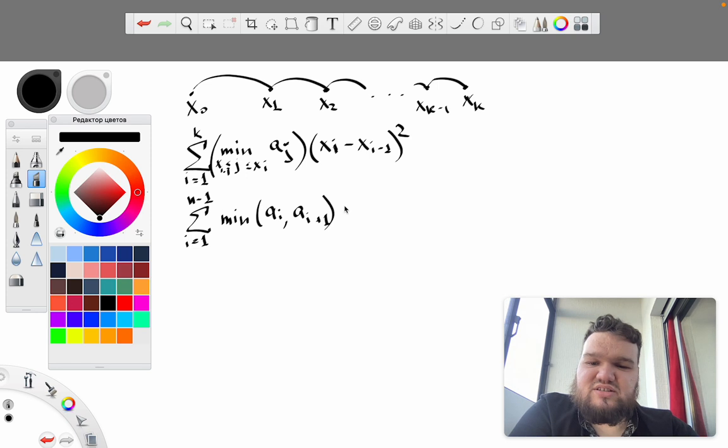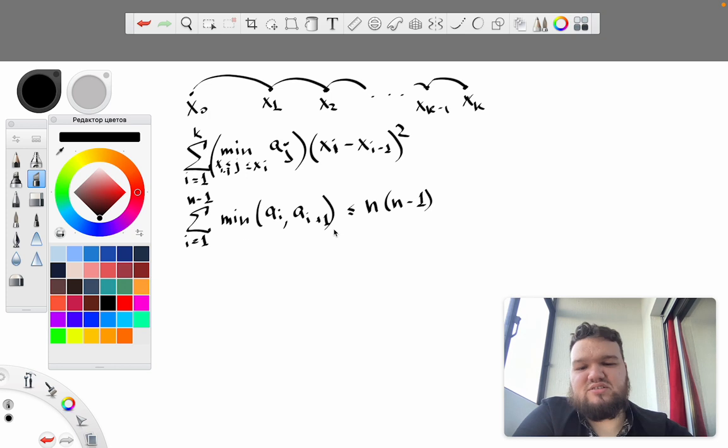All of the numbers are at most n, so this is at most n times n minus 1. We have n minus 1 segments, each of them at most n. So this is some reasonable cost.